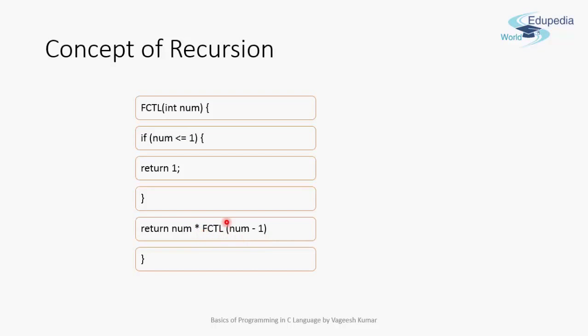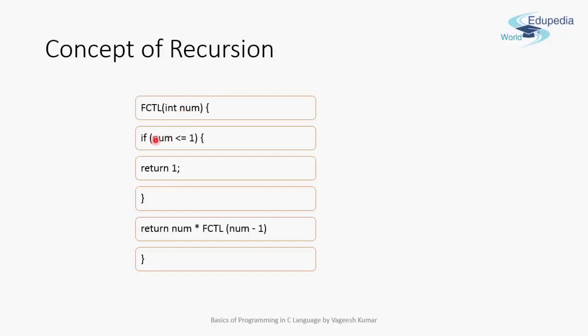This is the same function called again within the body of the same function, but the argument we have changed, and the argument now is num minus 1. So if num was 10, then here 10 is passed, and FCTL(10 minus 1), that is 9, is called again. So again this function will be called with an argument of 9.